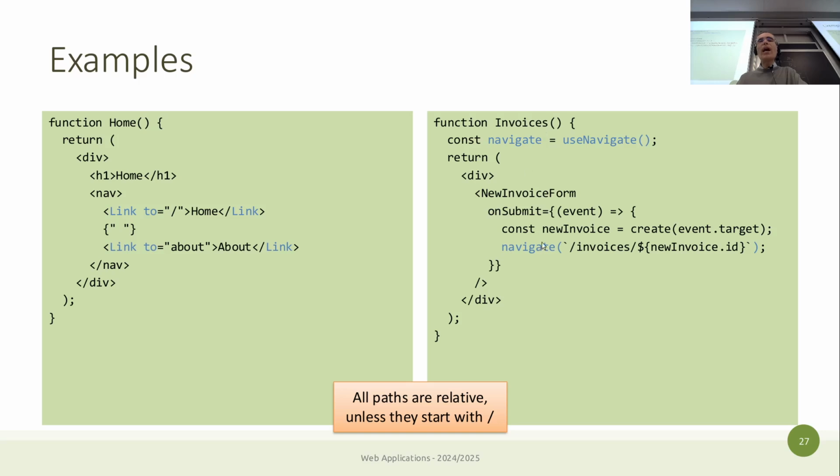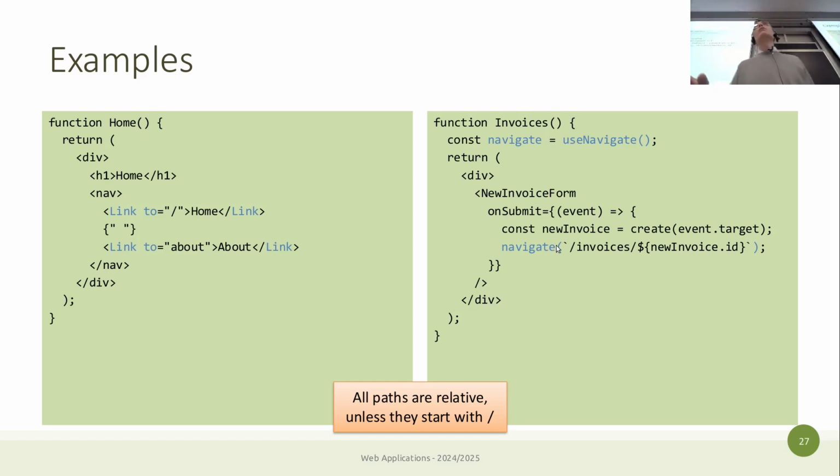Okay, and in case you are in an event handler, as I was saying before, you need to call a function to navigate to a new place, a new URL, and actually, the function that navigates to a new place is navigate. I mean, actually, it's the return value of useNavigate, and you can use it in JavaScript code.